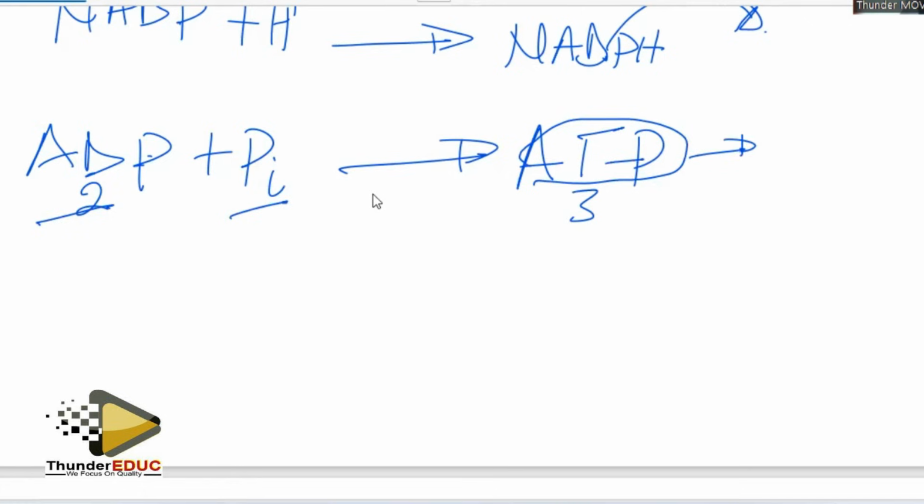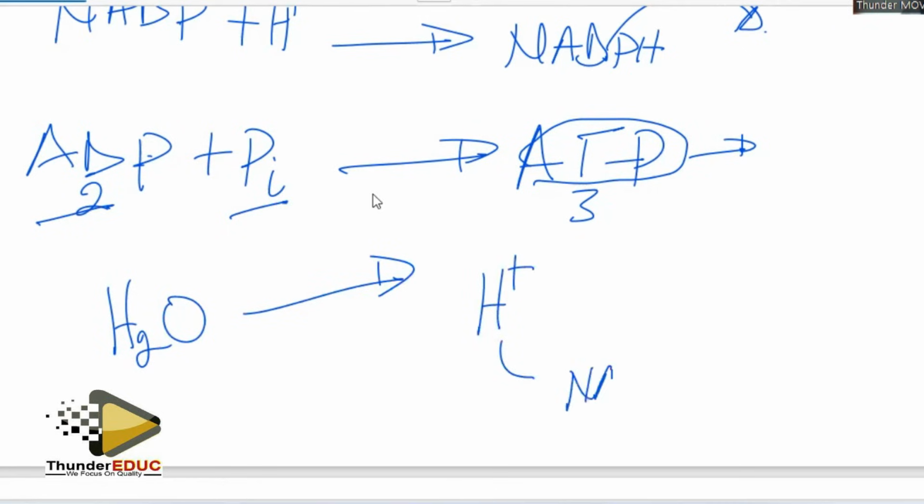But this ATP cannot form unless the light is there. So the light has 2 functions. The first one is to carry out photolysis, to split the water so that it forms hydrogen ion, which combines with NADP to form NADPH.